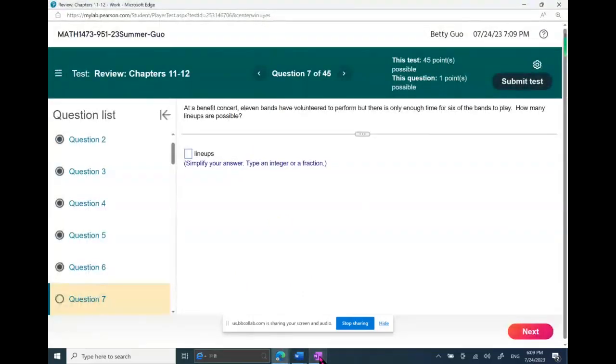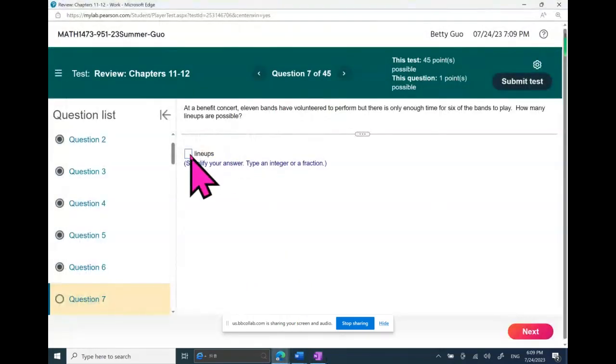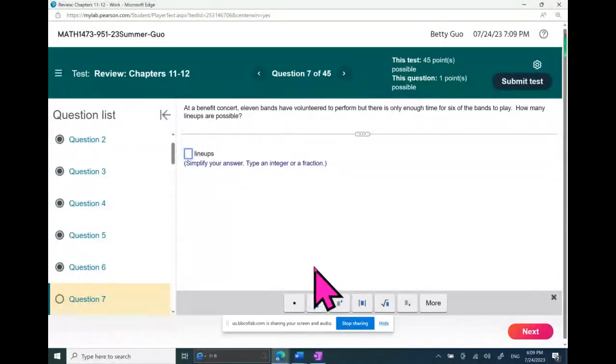11 bands volunteer, but only have 6 slots. So okay, very good. Let's work on the calculator. Enter 11 first, math, probability, nPr, and then enter 6. P11 6. This number is large. It's going to be 332,640.